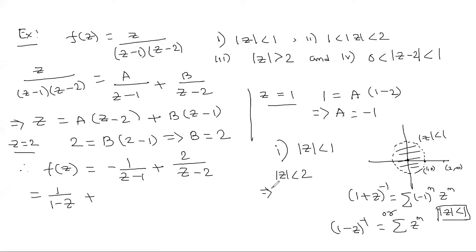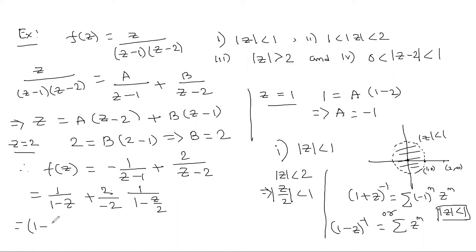So I can write this as mod of z by 2 less than 1. So this can be written as 2 by minus 2, times 1 by (1 minus z by 2).